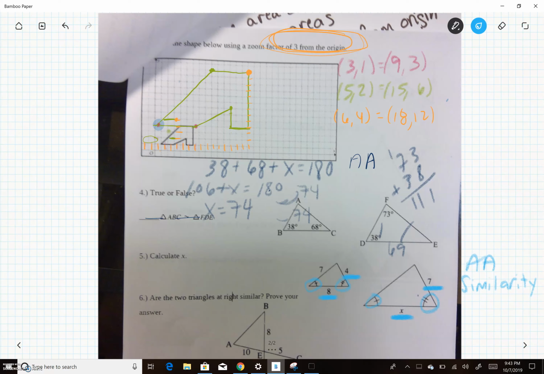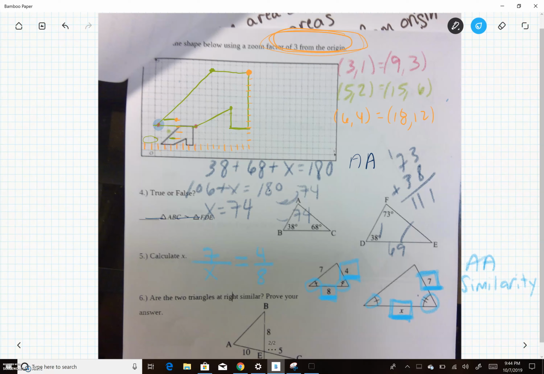If I make this side into a fraction, 7 over x, it should be the same as this side, which is 4 over 8.